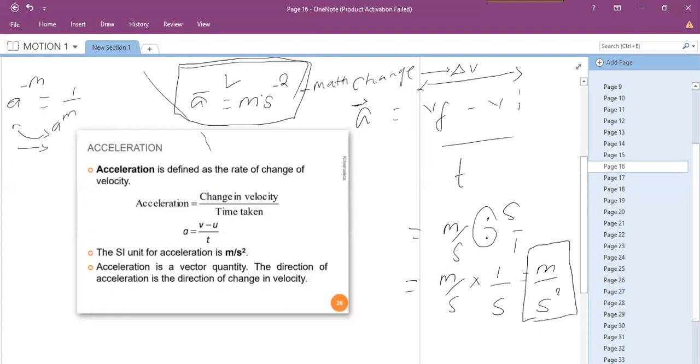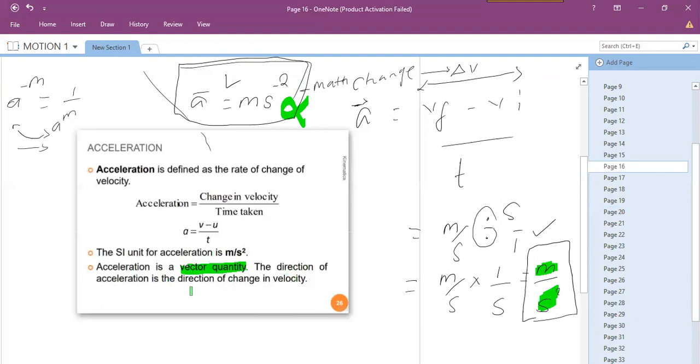I prefer you write it as meters over second squared. Don't be fancy, because I haven't yet taught you indices. This notation might be a little bit confusing, why you say to the power -2, but this one is more direct. Like I said, remember acceleration will be a vector quantity because velocity is a vector quantity.